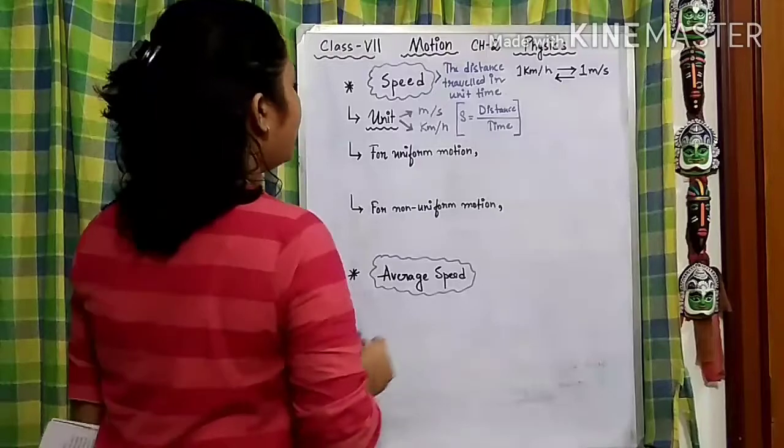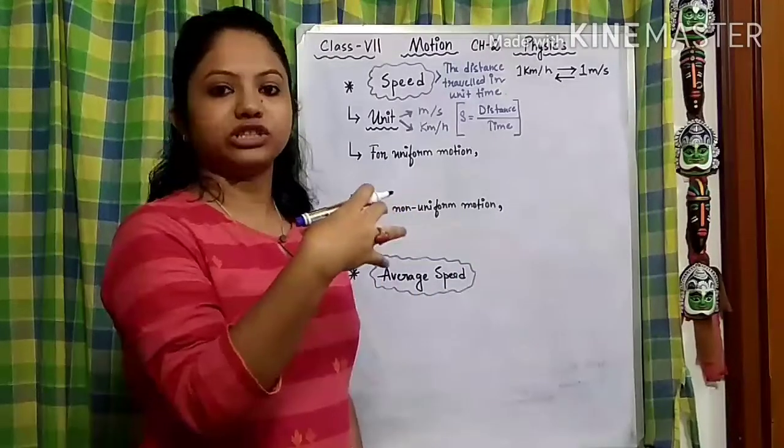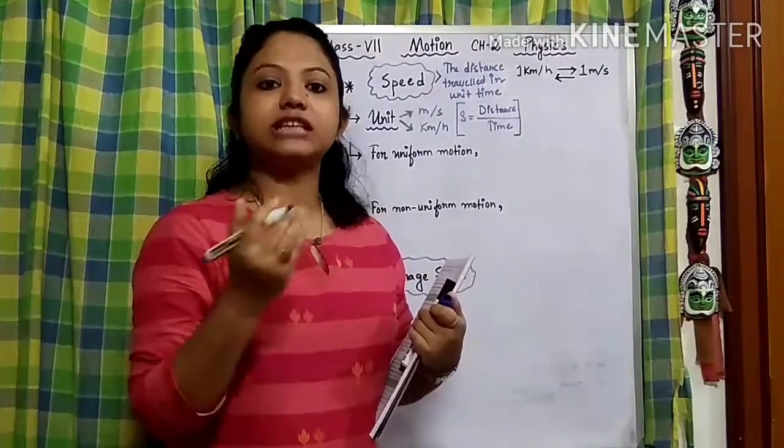Alright. Now, for the uniform motion, when a body is moving in a uniform motion, what will be the variation in their distance and time?